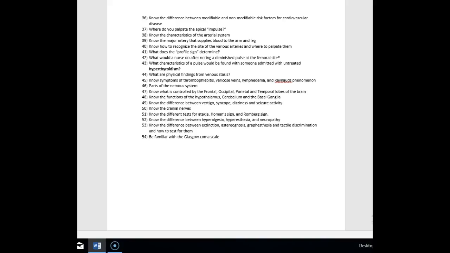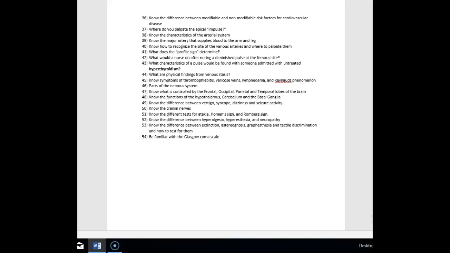When people have hyperthyroidism or Graves' disease, they usually have a bounding pulse. It's not weak, it's just boom, boom, boom. Sometimes, because they lose so much weight, people have said they've seen people with hyperthyroidism where you could literally see the pulse bounding out of their chest.